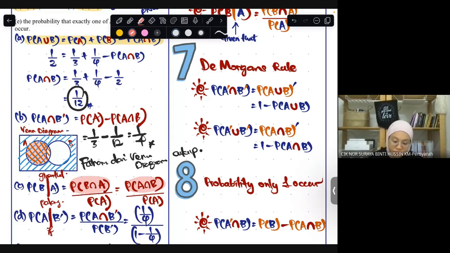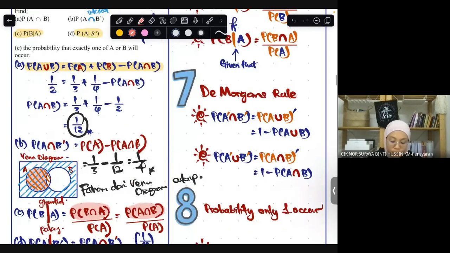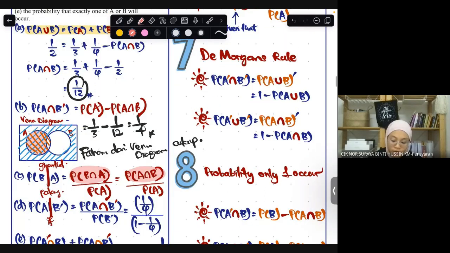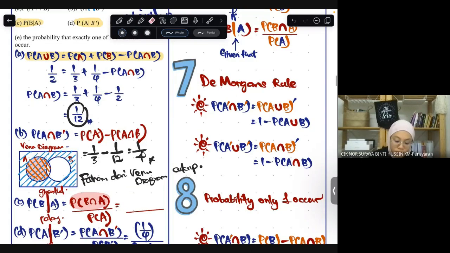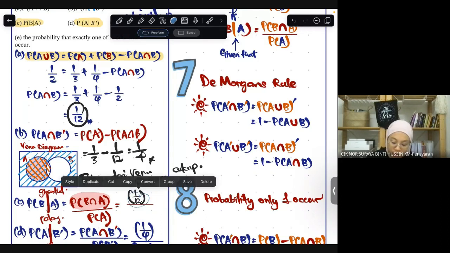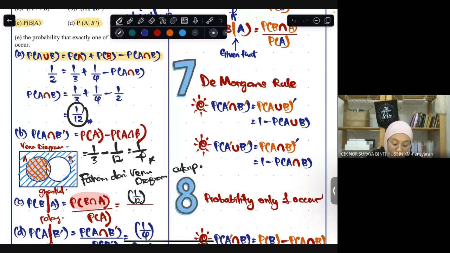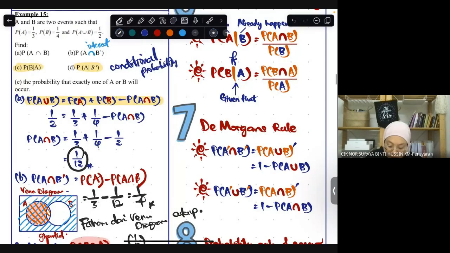Therefore, what is the probability of A intersect B? One over 12 divided with, salah sangat pula, divided with probability of A iaitu 1/3.